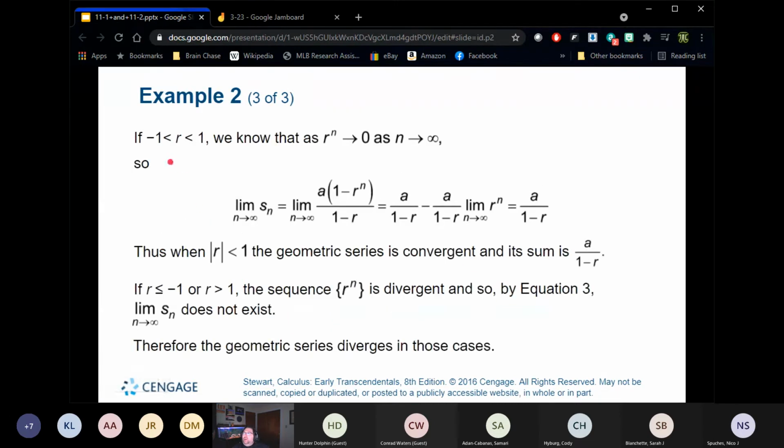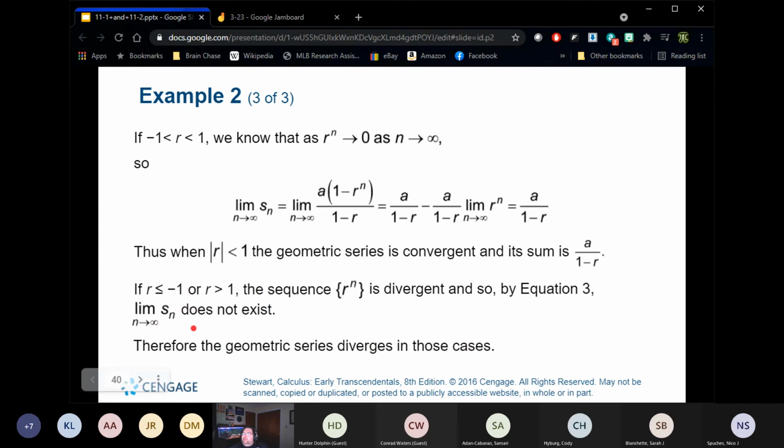Now if this is my sequence, we're going to go right back to the sequence section that we were looking at before. When r is between -1 and 1, that's going to be convergent. So the sequence is convergent, and therefore the series would be convergent. If my r is less than or equal to -1 or greater than 1, then the sequence is divergent, and then my series does not exist.